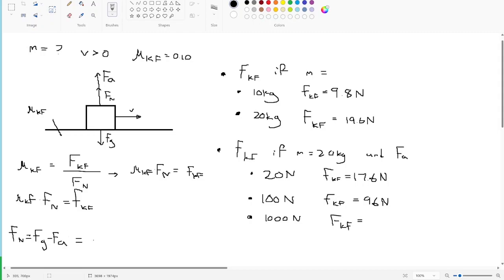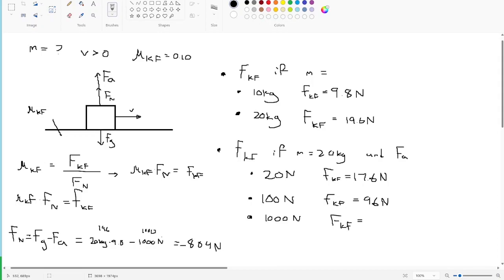which is going to be equal to, in this case, 20 kilograms times 9.8 minus force applied, which is 1,000 newtons. So 196 minus 1,000 is going to be equal to 804, yes, 804 newtons.